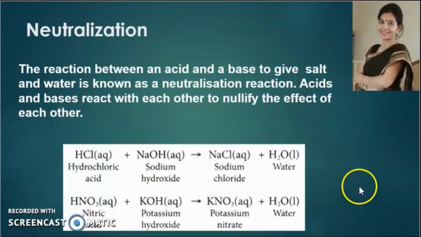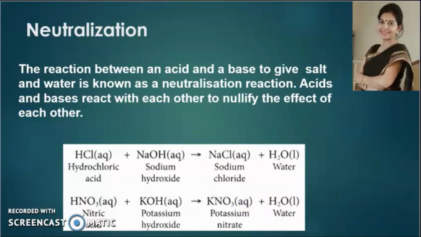Now, neutralization. What is neutralization? Neutralization is a process or a chemical reaction in which an acid and a base are mixed with each other in order to neutralize their acidic and basic nature. The product that is formed after the neutralization process is called a salt, and this salt can be acidic or basic or neutral.